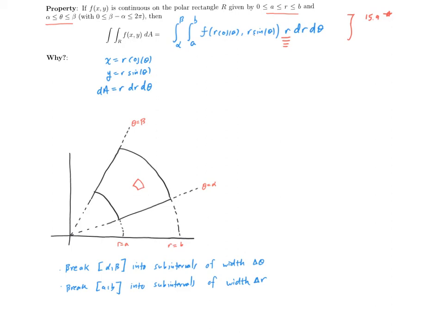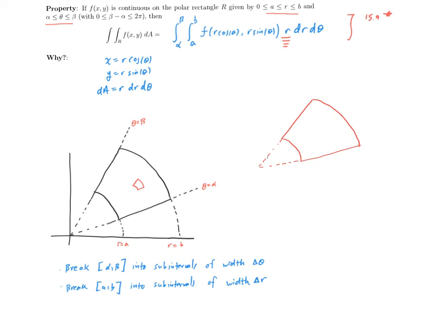Now, what we want to think about is for this kind of generic subrectangle, what would its area be? Because remember, the dA term is really this small area element. What is the area of one of these little subrectangles? So let me draw a blown up version of this little subrectangle, which we see to the right.